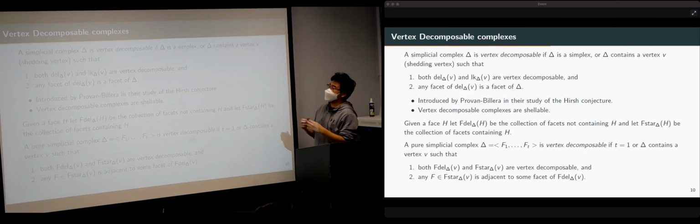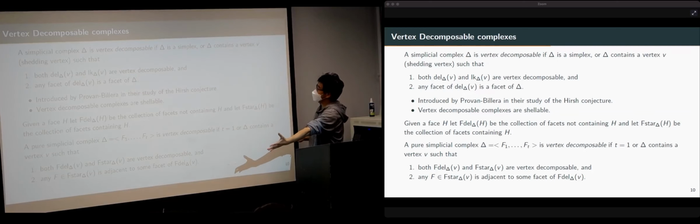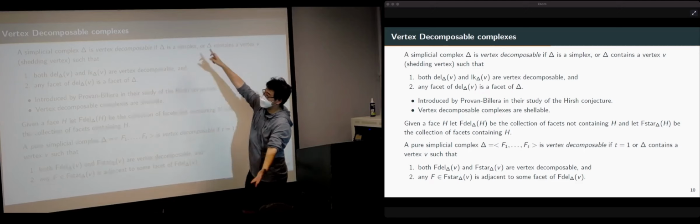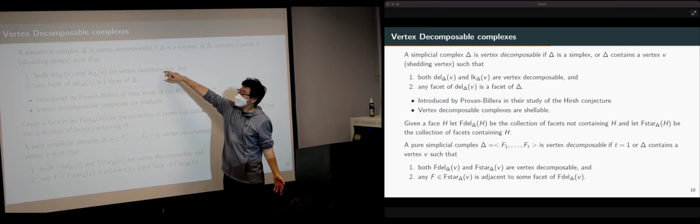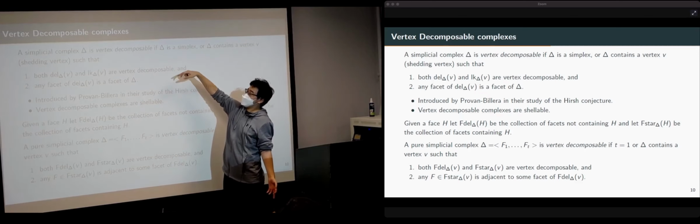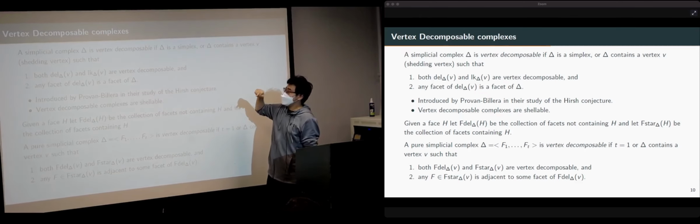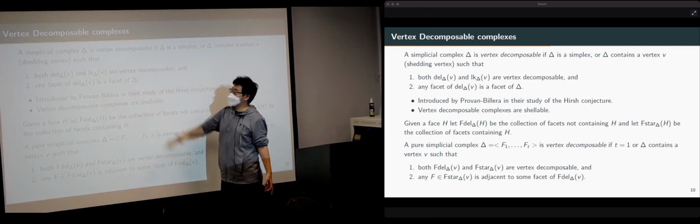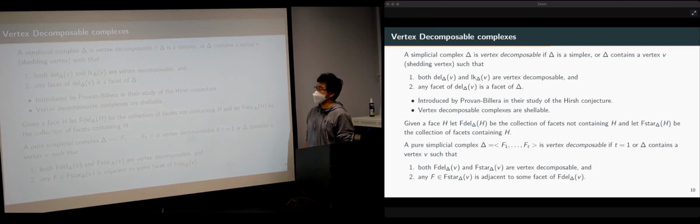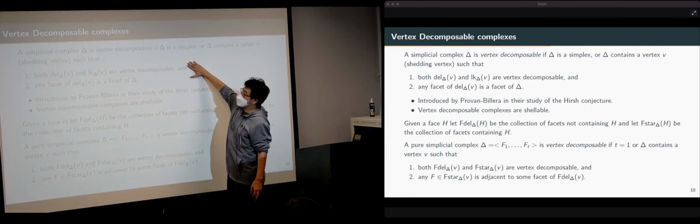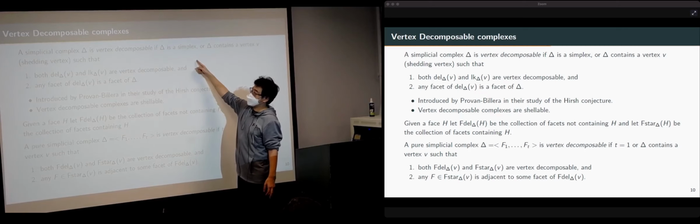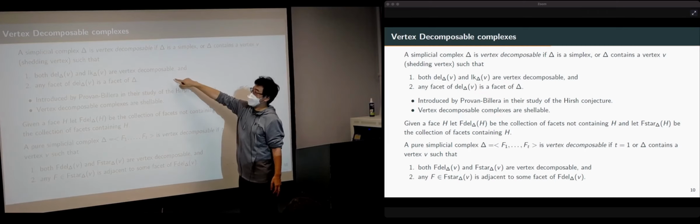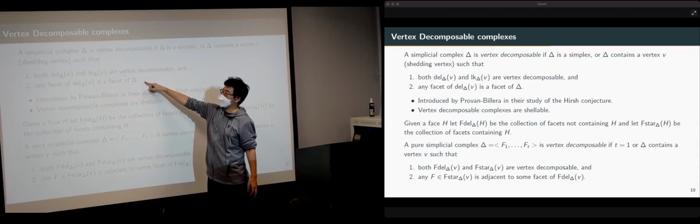A simplicial complex is called vertex decomposable if it is either a simplex already, or it contains some vertex that you can decompose by, which is called a shedding vertex, such that the deletion is again vertex decomposable, the link is again vertex decomposable, and any facet of the deletion is again a facet of the original complex. So, as you can see, it's a recursive definition. The deletion and the link are both nice again, and you have some kind of a gluing condition over here.